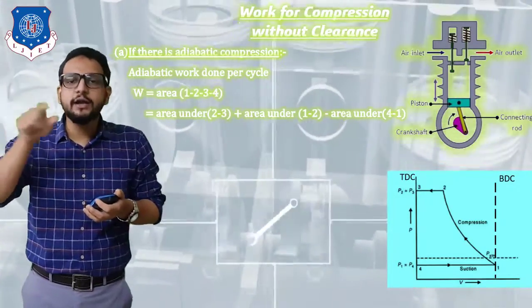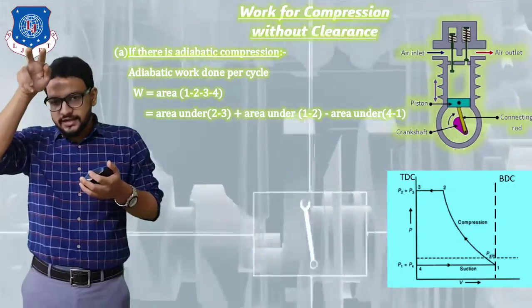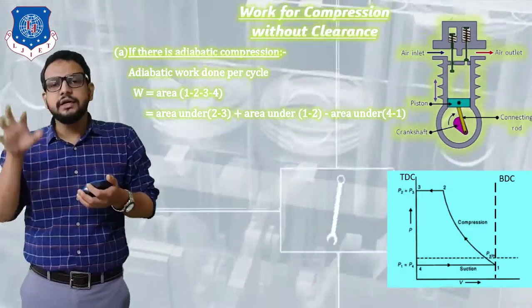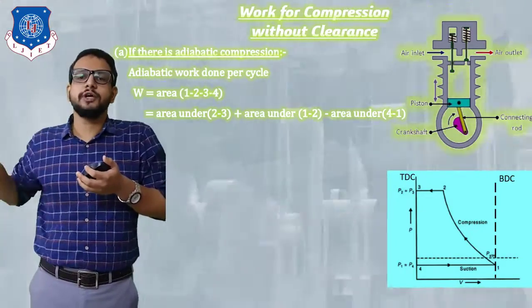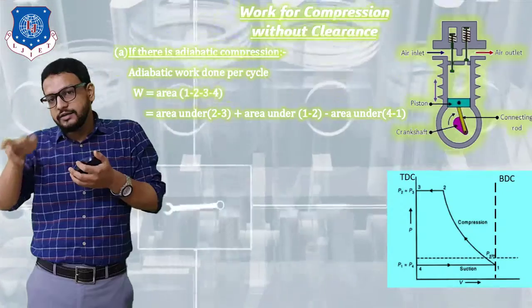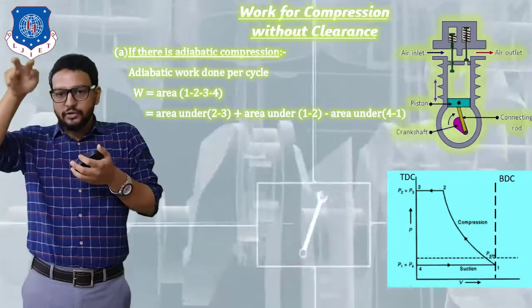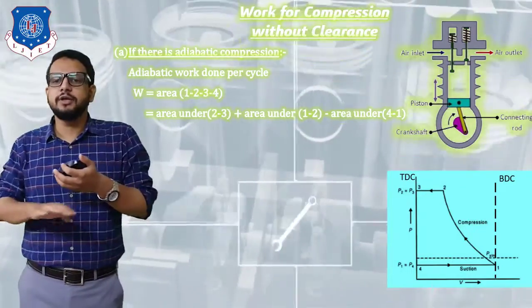So see line 2 to 3 carefully, that line, and we can visualize that entire area. Plus area under 1 to 2. So see line 1 to 2, that is a compression process, so the area under that curve. So how much area is covered? Entire 3 to 2 area, and second, 1 to 2 area has been covered.